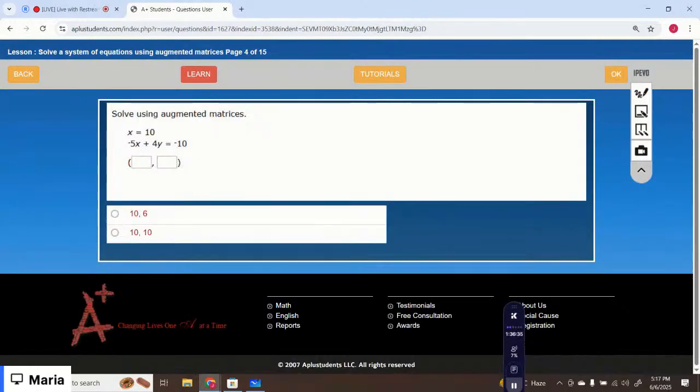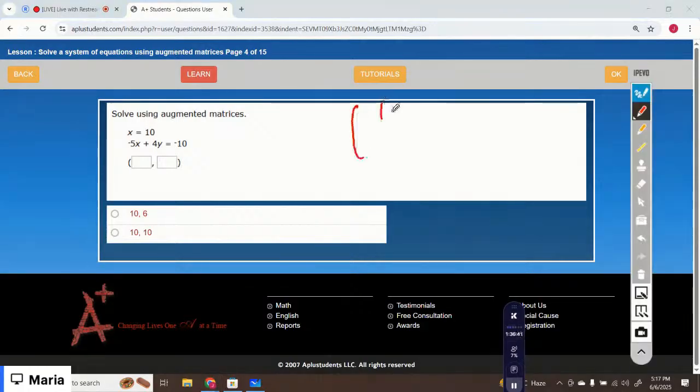Solve using augmented matrices. Let's write down the matrix first. x is 1, y is 0, 10. x is negative 5, y is 4, and negative 7. So R2 plus 5R1.